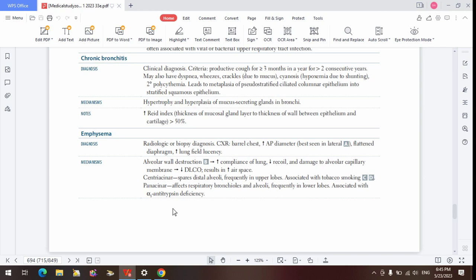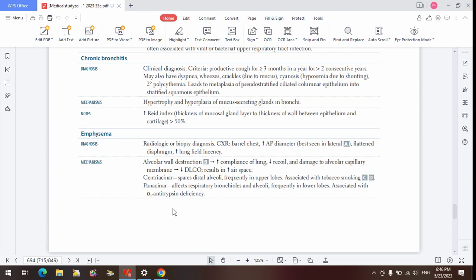You guys remember, we said the respiratory apparatus begins with the respiratory bronchioles. So if it damages only the respiratory bronchioles centrally, that is centroacinal. It's sparing the alveoli that are located distally.